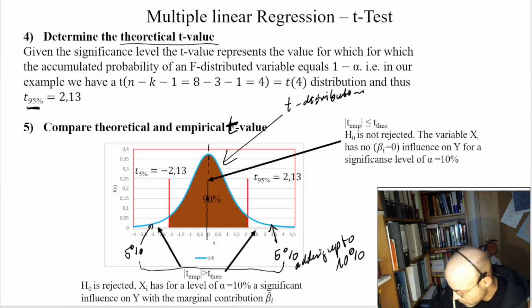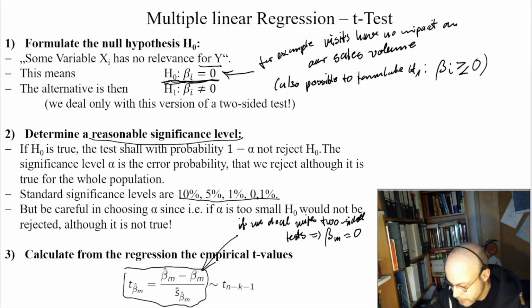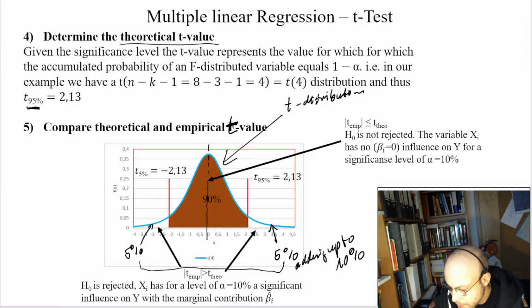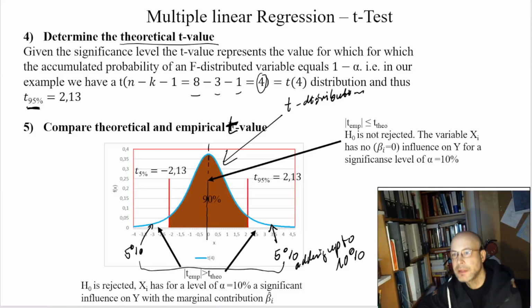And then we know that our t-distribution also depends on this normalization number, sample size minus the number of parameters of our model. And again, in our example, we have 8 minus 3 minus 1. So we have to look at the table of the t-distribution with n minus k minus 1 equals 4. And if we have a look there, then we find the value 2.13.